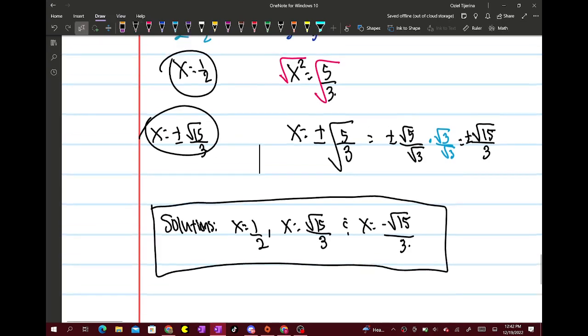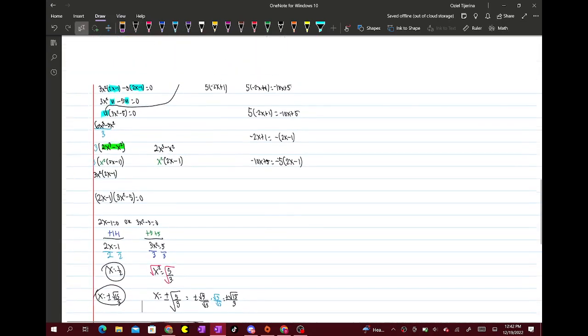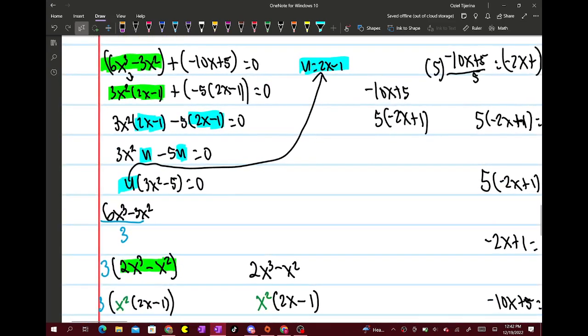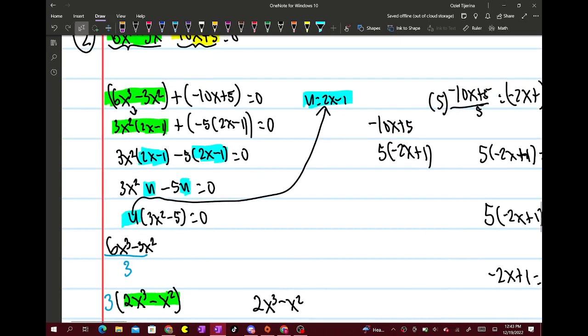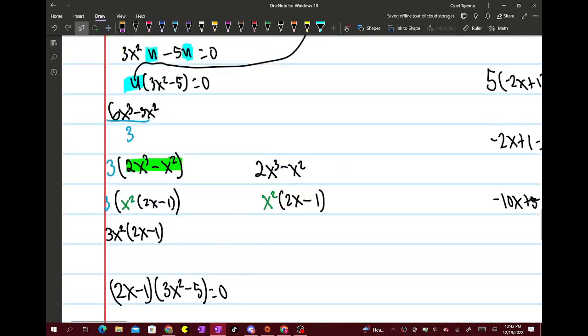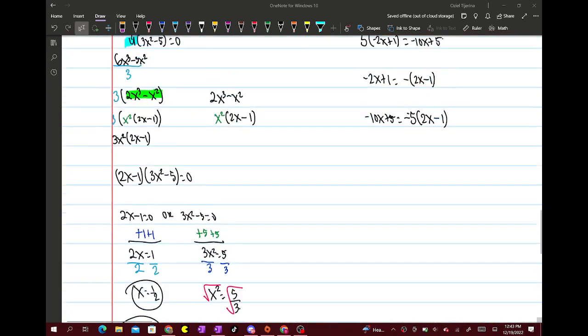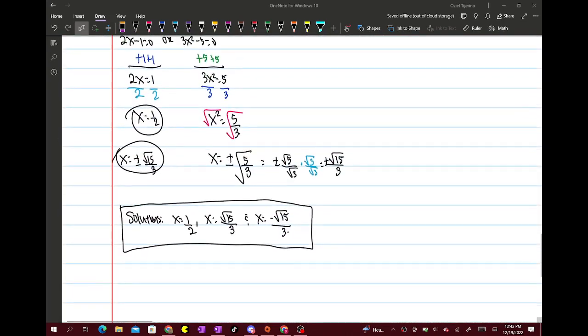So that is the idea, and the reason why I'm really trying to explain factoring is because I'm sure some of you kind of need that. But it's basically just like factoring, you're just setting them both equal to 0, right? So I'm going to do the last one.